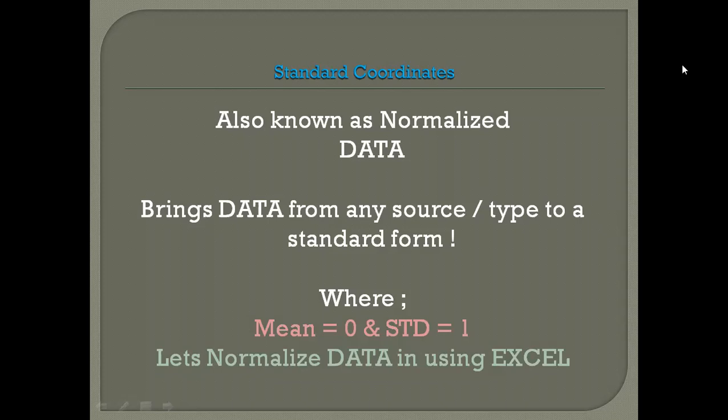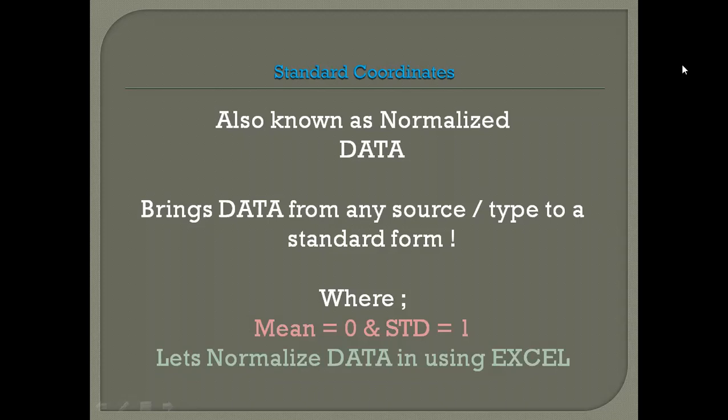Now, how we normalize data, we will see in Excel, but one thing you must remember: once we normalize data from any source, we will get a mean of 0 and a standard deviation of 1.